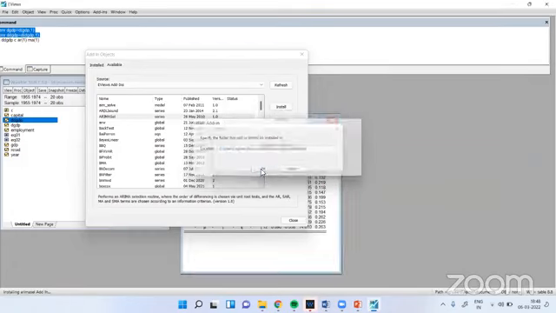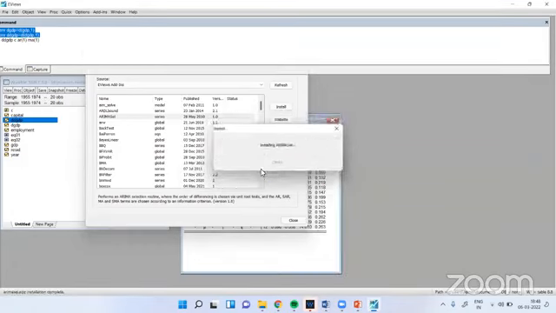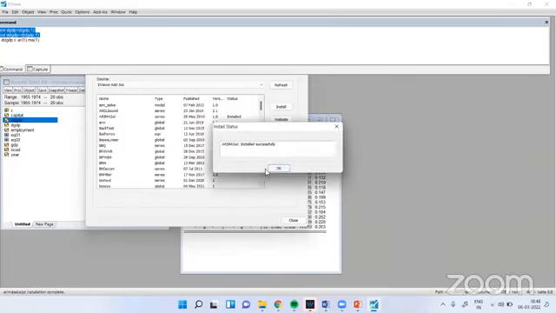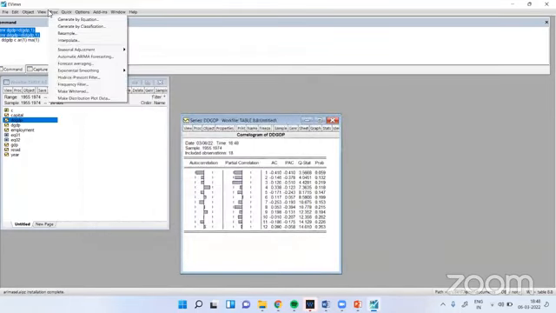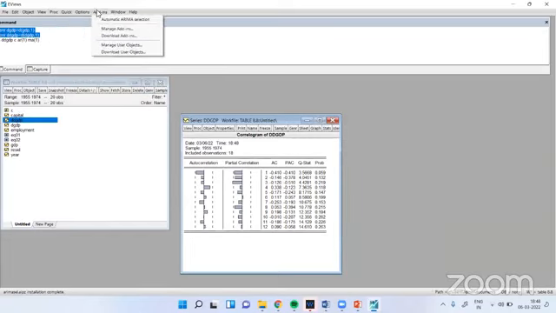Click OK. Yes. Installed successfully. OK. Close. Proc. Automatic ARIMA selection is now ready.